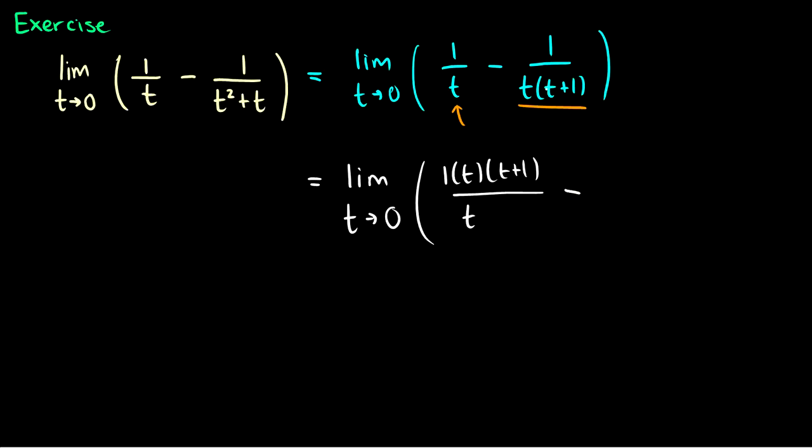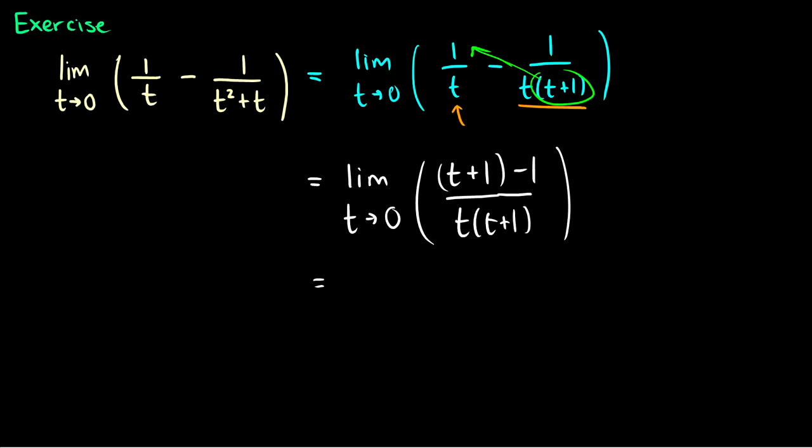And then we subtract, well, we multiply that, t times t plus 1, and then we'll end up with, well, it'll cancel, so we just minus 1 on top. In fact, maybe I should just simplify this right away. So essentially we'll end up with t plus 1 over t times t plus 1, which is the common denominator, and then we subtract the 1 originally. So essentially we just multiply by whatever's not common. So we have t already, so we just take the t plus 1, we multiply by the 1. We already have t and t plus 1 on the right side, so we just keep the 1 there.